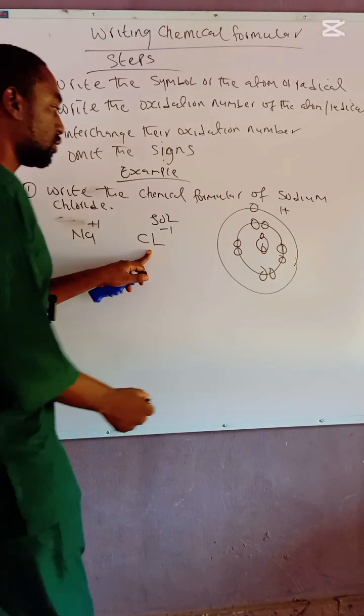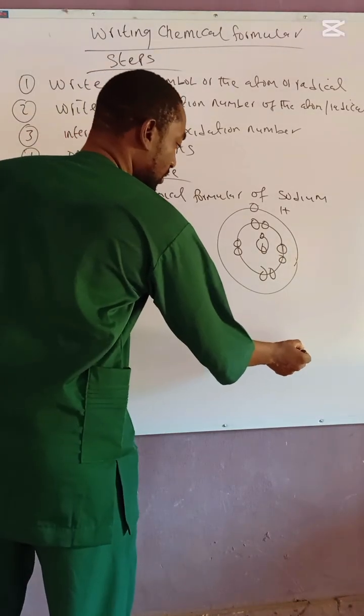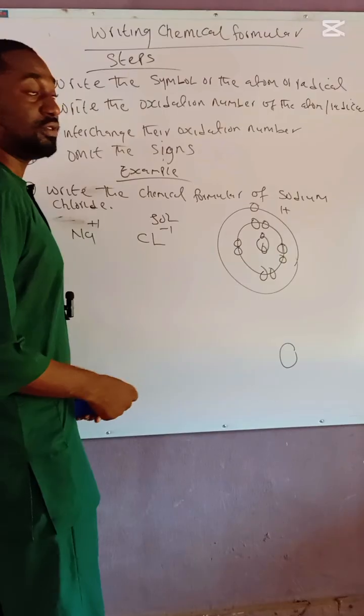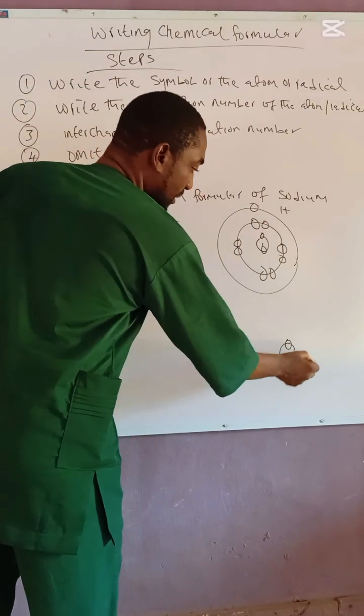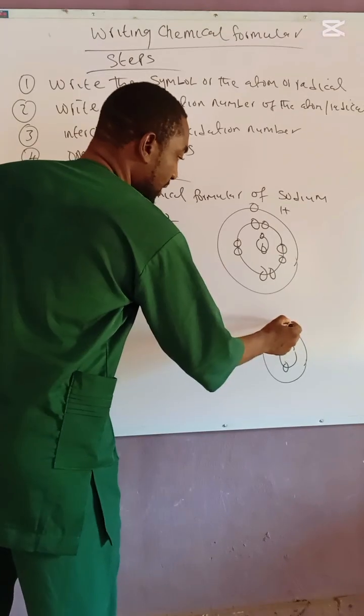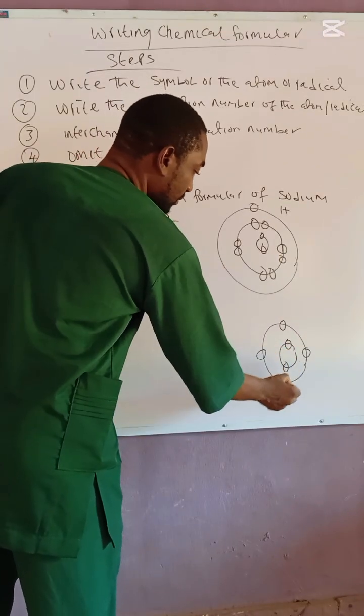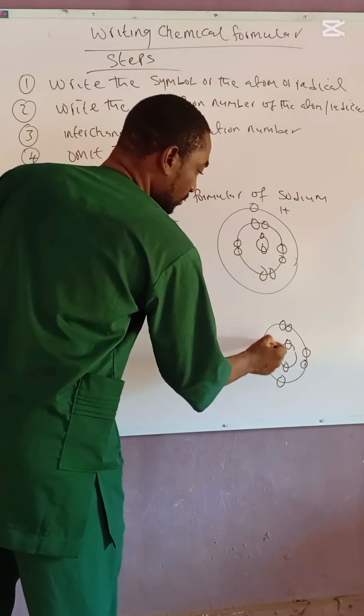Then sharply, make we go for chlorine. Atomic number of chlorine na 17. So make we run am sharply. First shell dey take 2. Then second shell dey take 8.